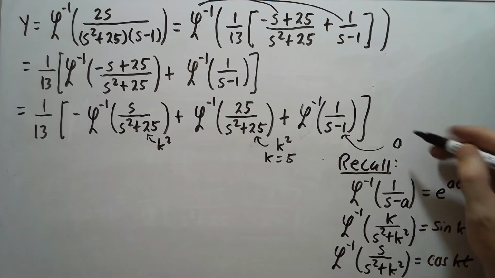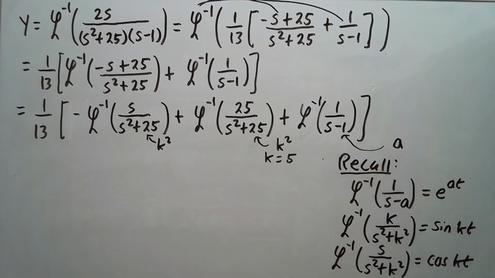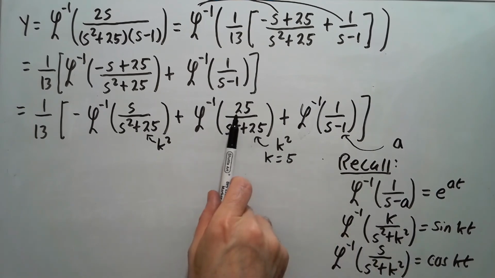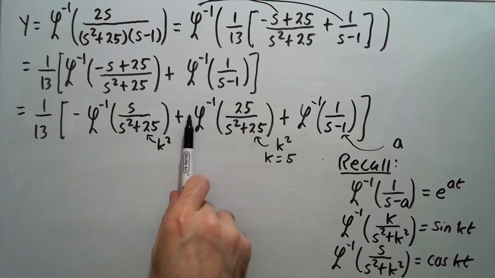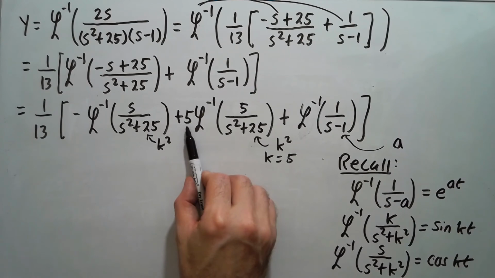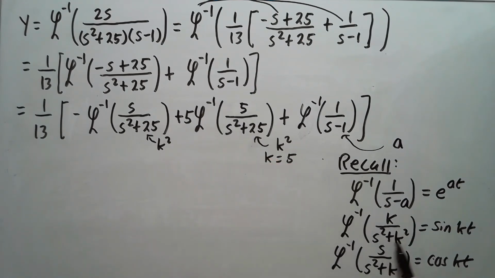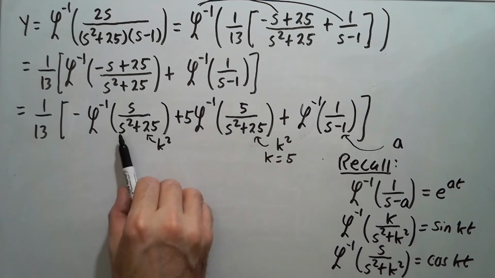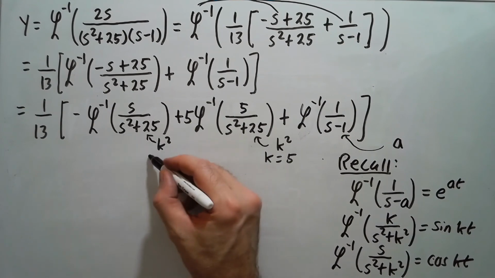Okay, so my a would be 1 here, so this first one is going to be e to the t. And here the k squared would be 25, so the k would be 5. But we just need a k on top. We actually have a k squared on top. So I can pull a 5 out and leave a 5 there. So I pulled a 5 out, left one 5 here, so it looks like this. And this one seems like it's already set up. The k would be 5 here also.